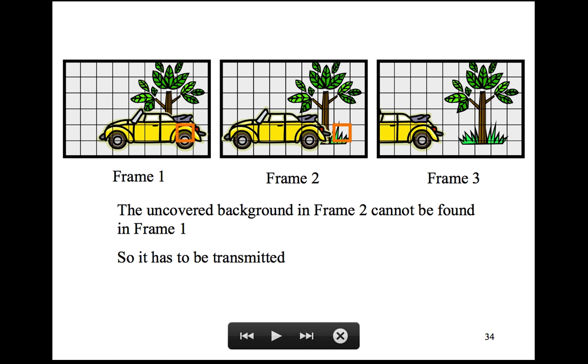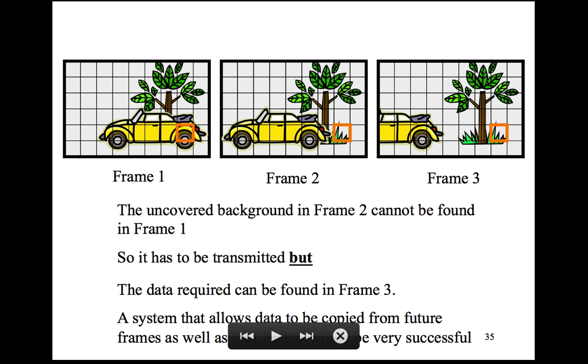So you might say, well, we just have to transmit it. You know, we tried our best, we had to search for it, and it wasn't there. But all of the data that we're looking for, the piece that we're looking for, that is in frame 3, in fact. So we're trying to send frame 2 using parts of frame 1, but it's not there. There's a piece that we don't have.